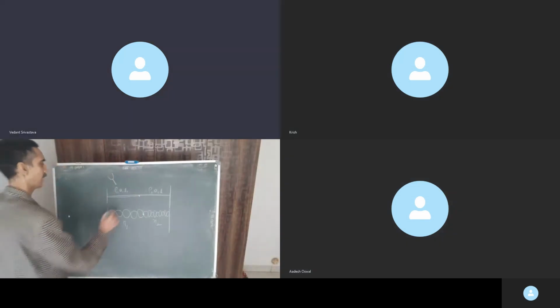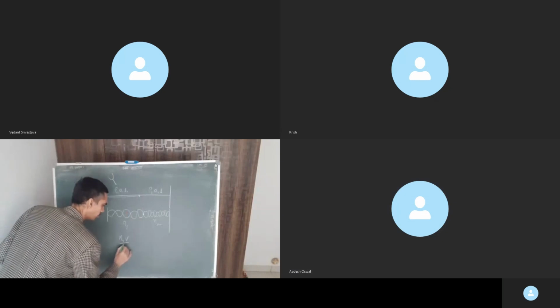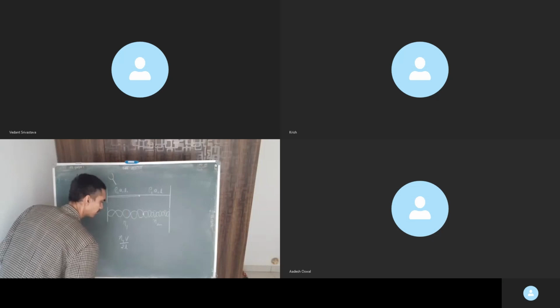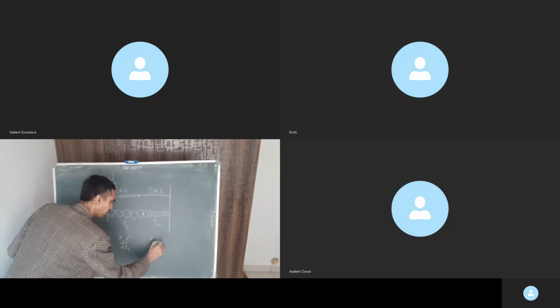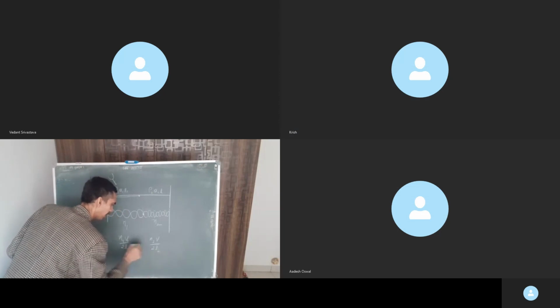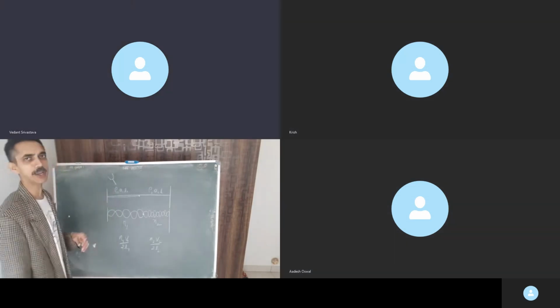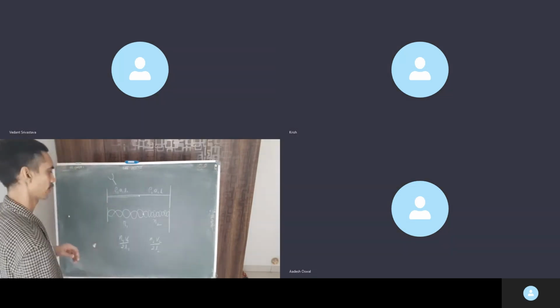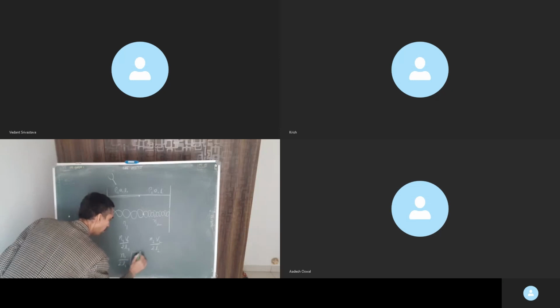Now tell me frequency of first one. What we can write? N1 is V by twice L1. And the second one? N2 is V by twice L2. I'll write V1 here, V2. Different medium, different speed, right? So N1 is V1 by twice L1, and V is, as you know, square root of T by mu1.